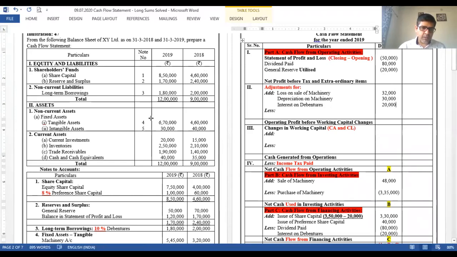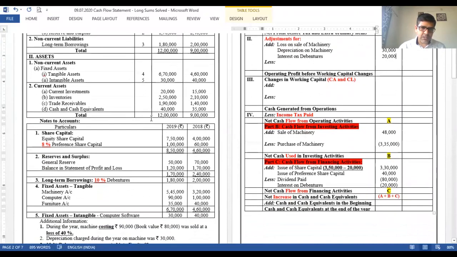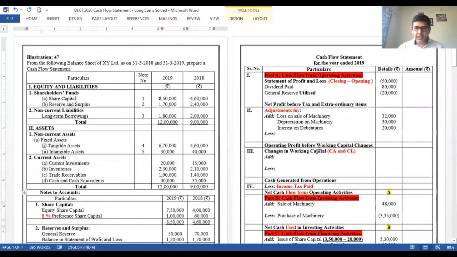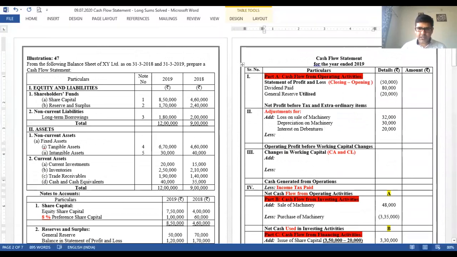After long-term borrowings, fixed assets, tangible assets, note number 4. In this note number 4, I can see three fixed assets are given to us. Machinery account we are done with. Computer, we can see that it has decreased from 1 lakh to 90, depreciation must have happened. Furniture 40 to 35, this also must have been depreciated. So computer and furniture depreciation, right?